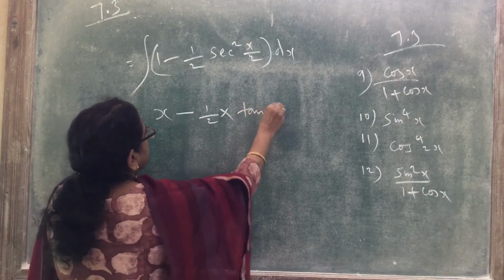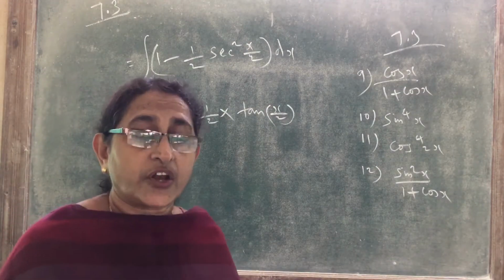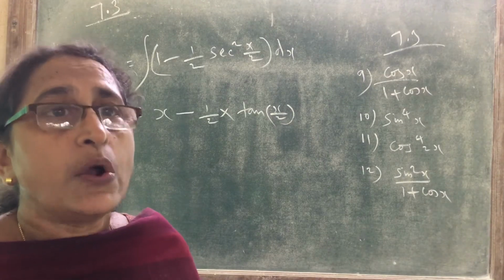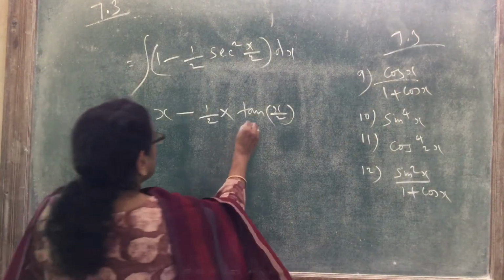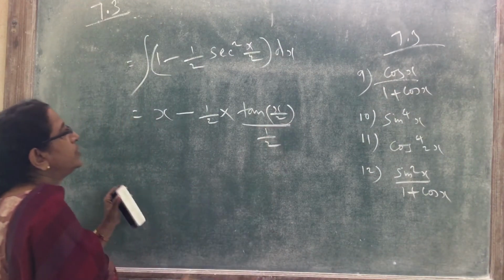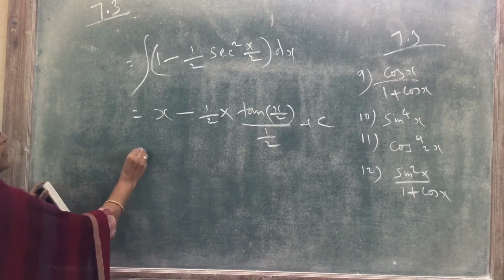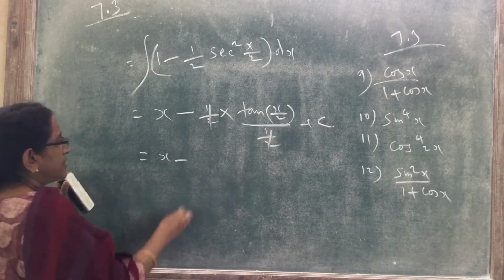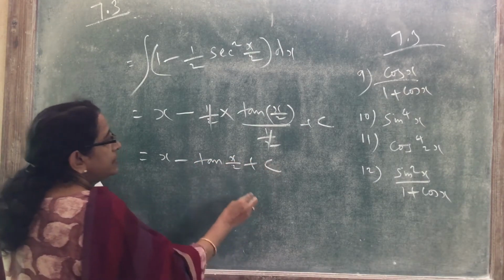So the integral of sec square x by 2 is tan x by 2 divided by the derivative of x by 2, as in the last question. What is the derivative of x by 2? It is 1 by 2, so we have to divide by 1 by 2. So the integral is over, plus c. Now we can simplify: this half and that half cancel. So x minus tan x by 2 plus c.